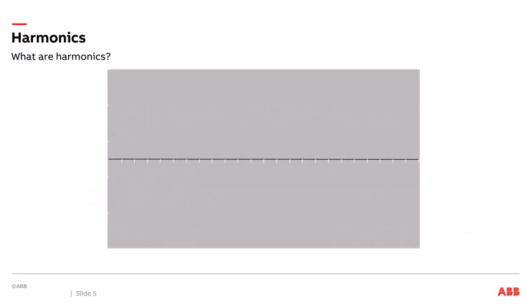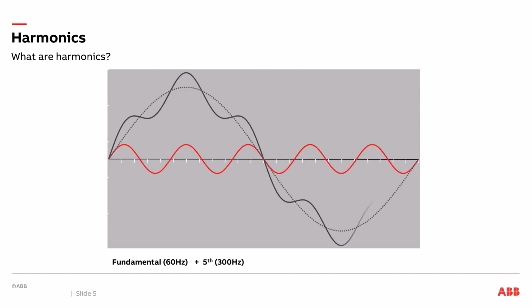So let's take a look at what harmonics are. Let's look at the fundamental frequency of 60 Hz. We are going to add multiple harmonics to our 60 Hz here, and we're going to build up a new repetitive wave. So we'll add the fifth harmonic of 300 Hz, and as you can see, in the center it pushed the voltage up, on the sides it pulled the voltage down. Now we have in the black a new waveform.